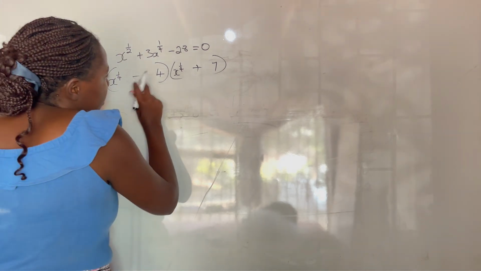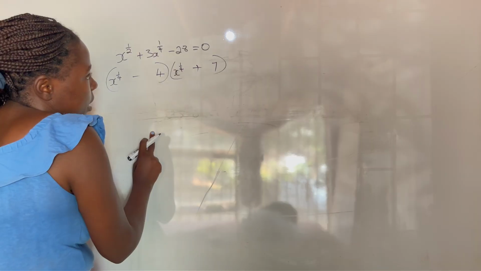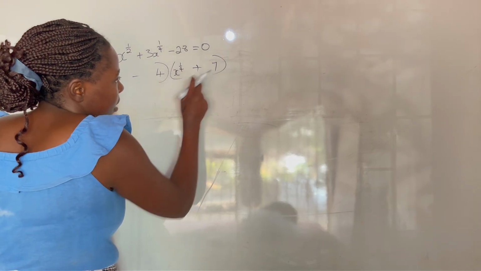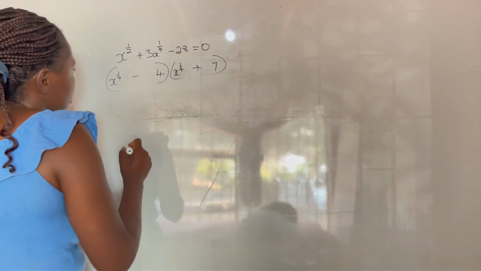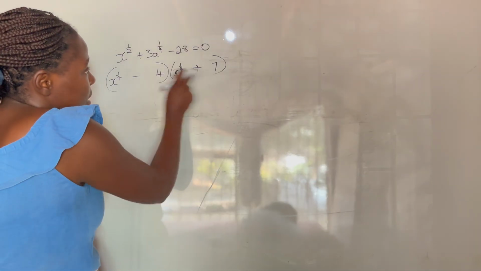So -4 multiplied by +7 gives us -28. Then -4 plus 7 will be +3. So positive and negative, which means those are the correct signs that we have to place here.